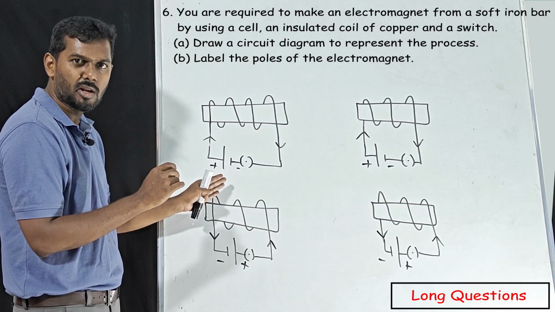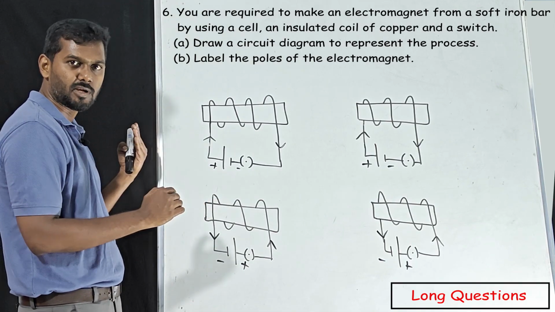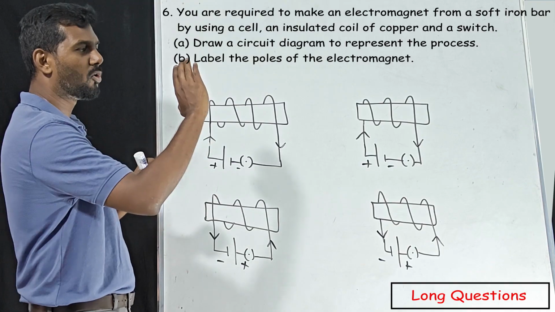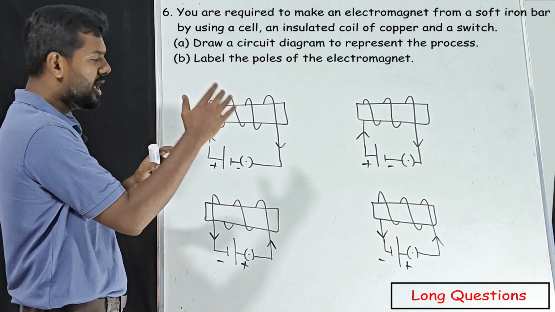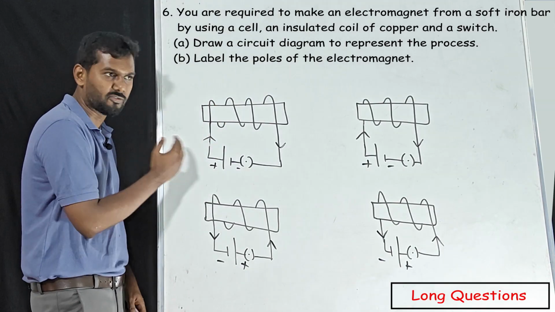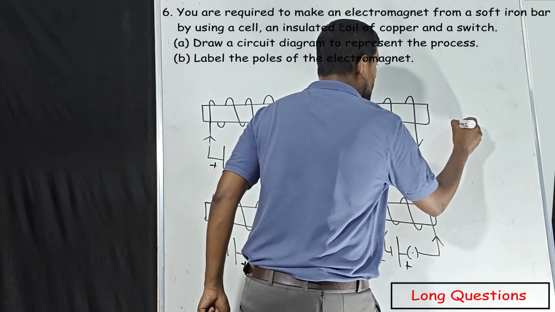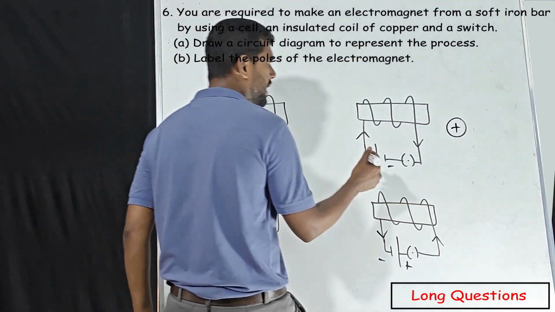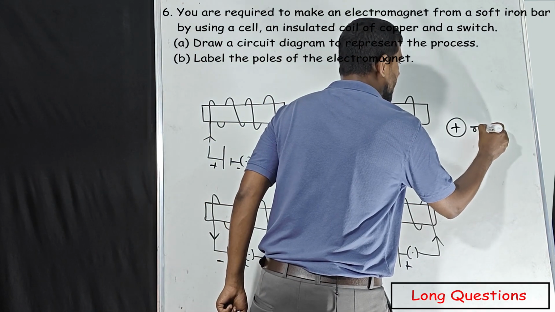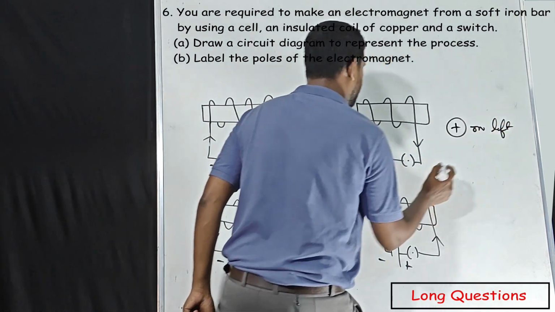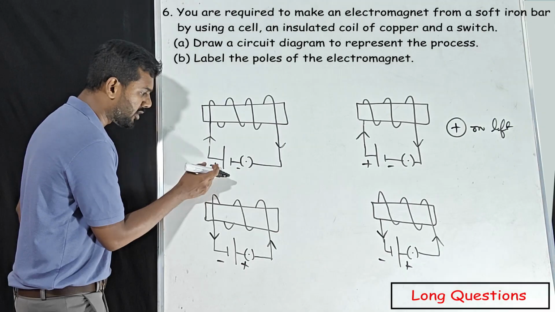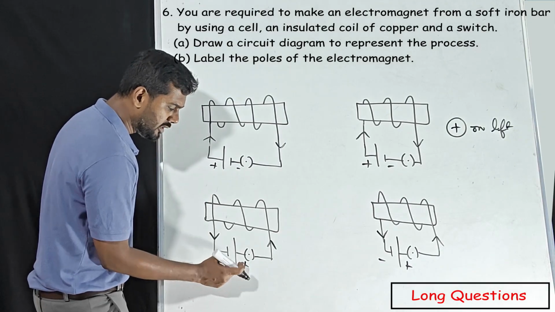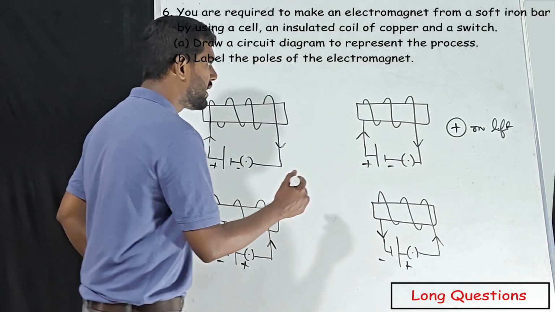Whether you are holding like this or like this, if the positive terminal of the battery is on the left side, then the thumb is north. Here the positive terminal is on the right side.